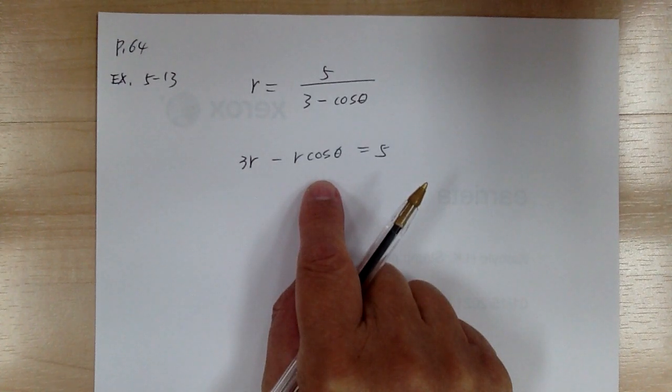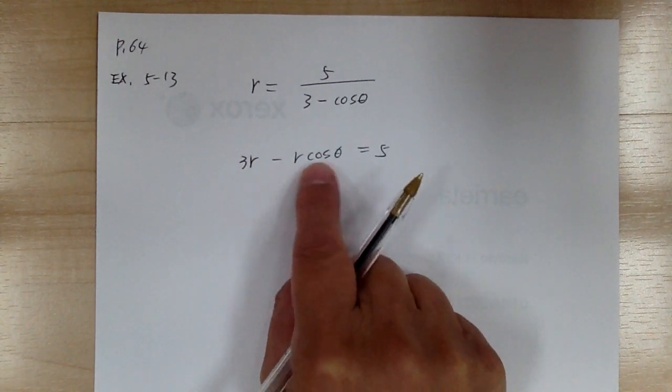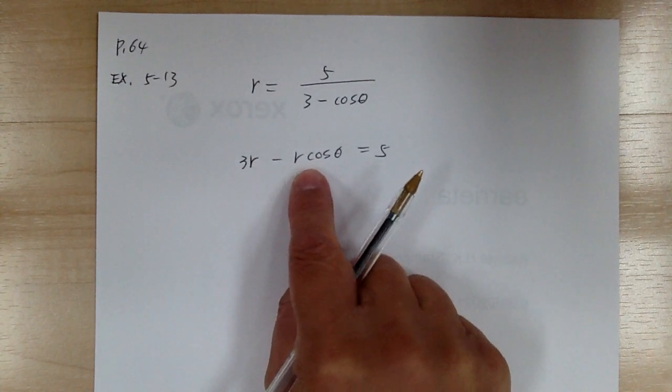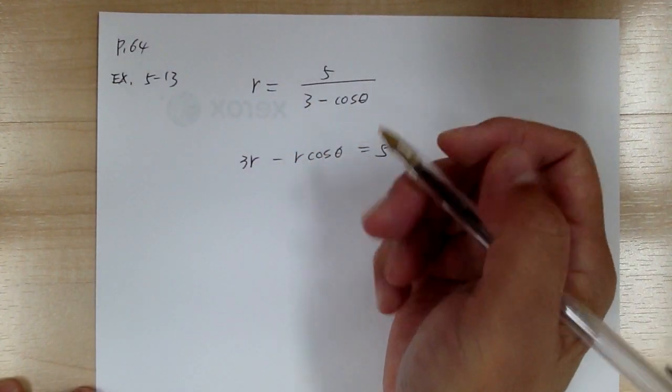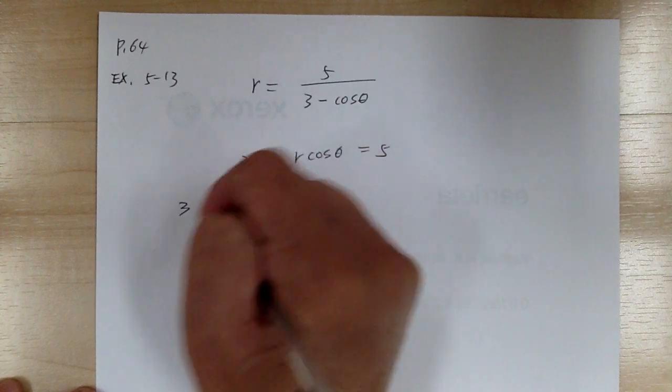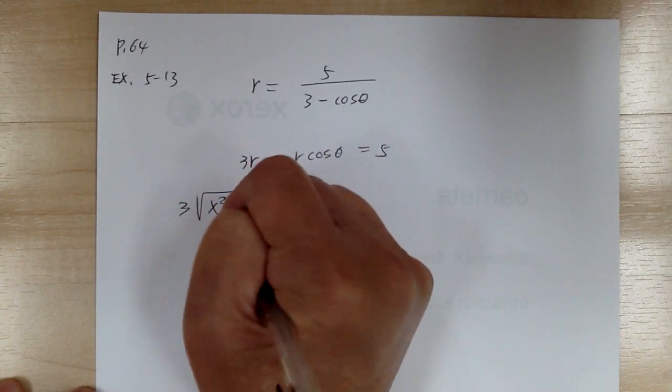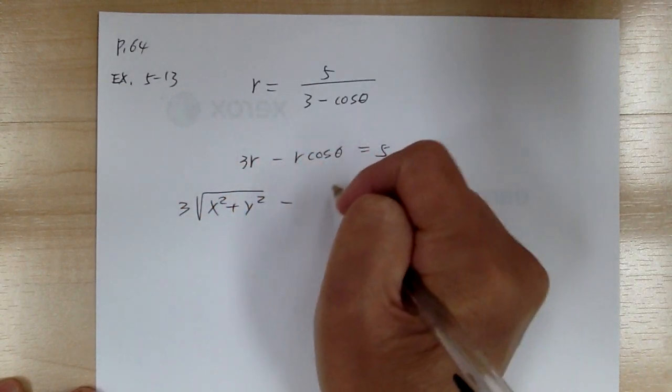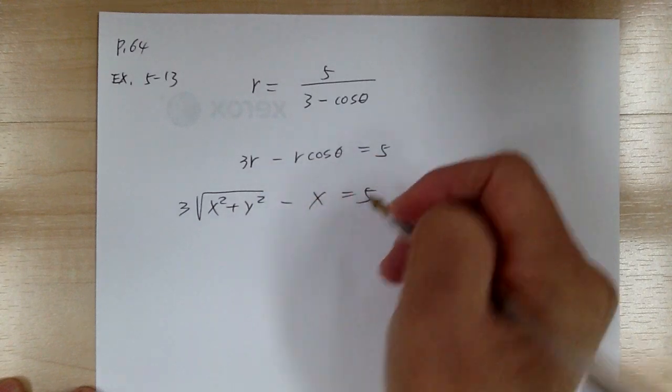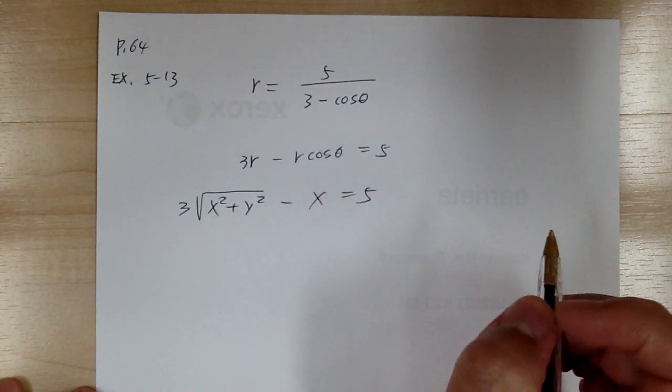There are a couple of ways we can do this. We know that r equals the square root of x squared plus y squared, and r cosine theta is x. So you end up with that.